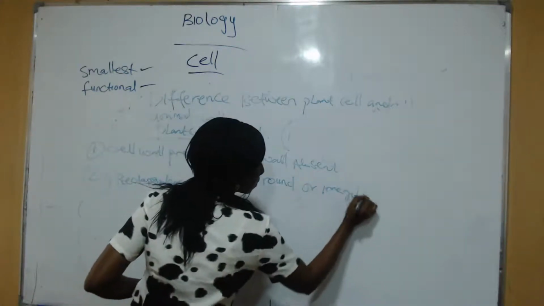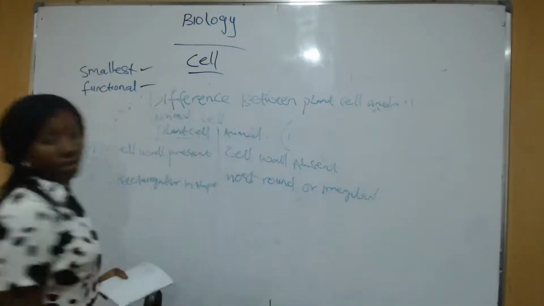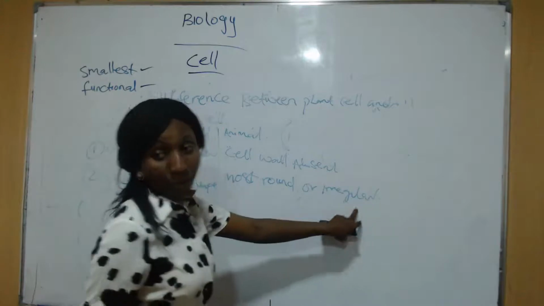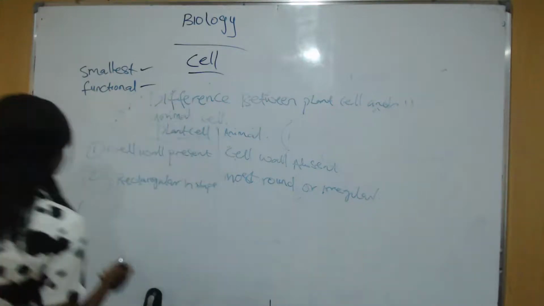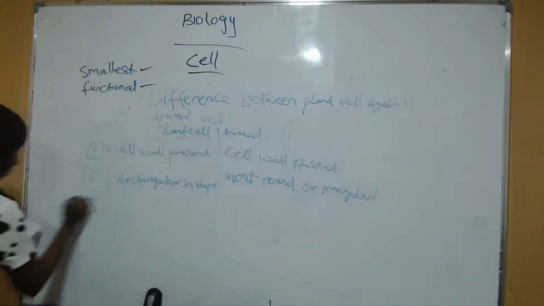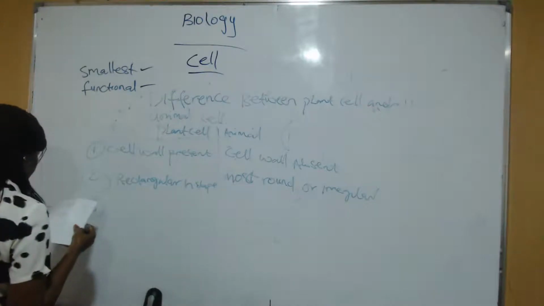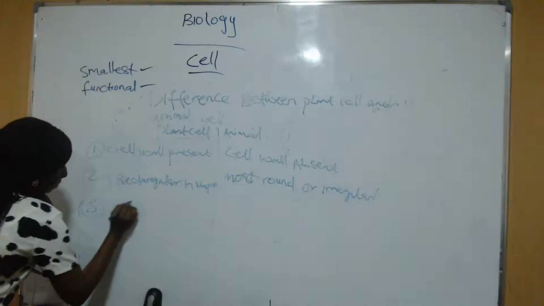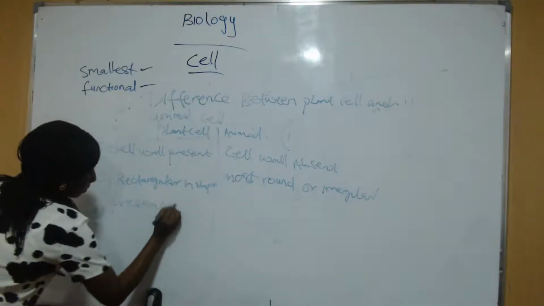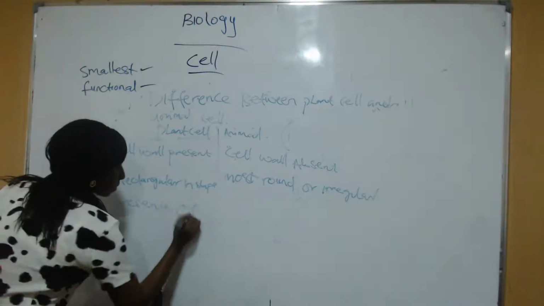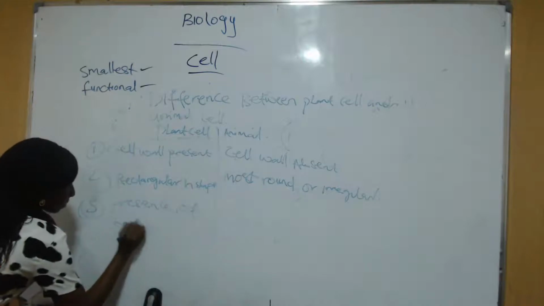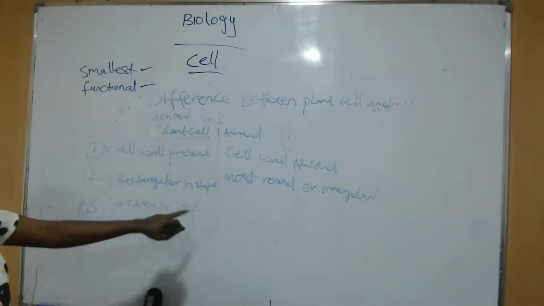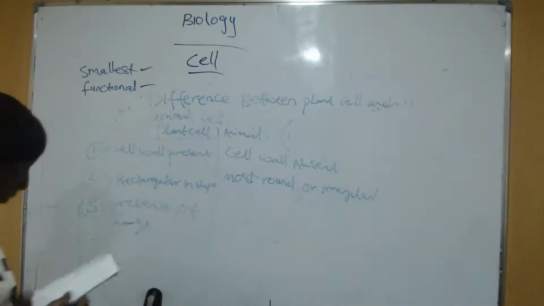By irregular, I mean the part of the body where you find it can actually affect its shape. And plants form a storage, and it also helps the cell to withstand or regulate pressure.